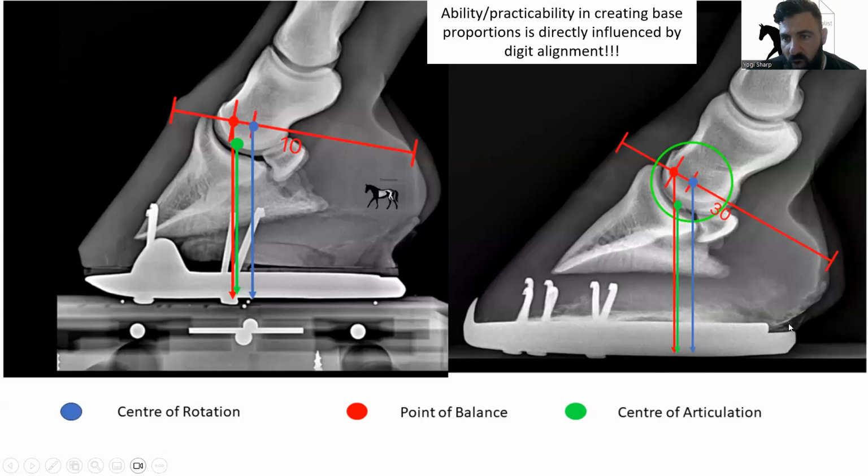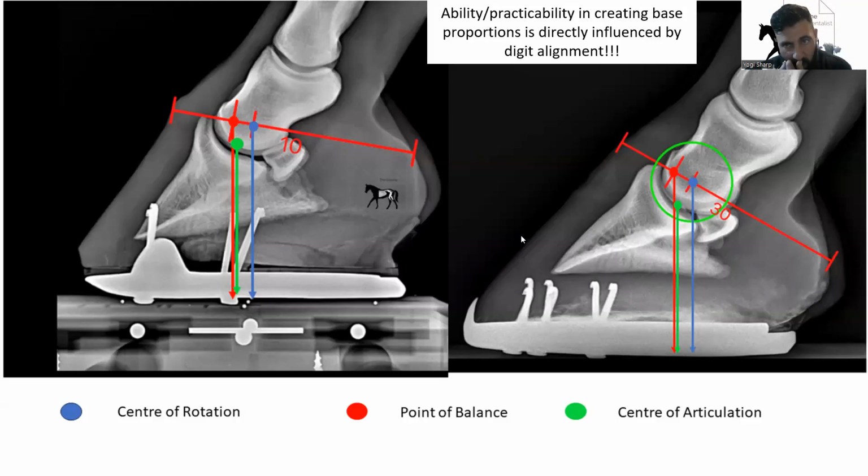What we would have to do is address the heel to toe height ratios to move this point upwards and forwards within the capsule, move the pedal bone back around this way, back in a caudal direction, which would mean that the base proportions all move backwards closer towards these points. Okay.